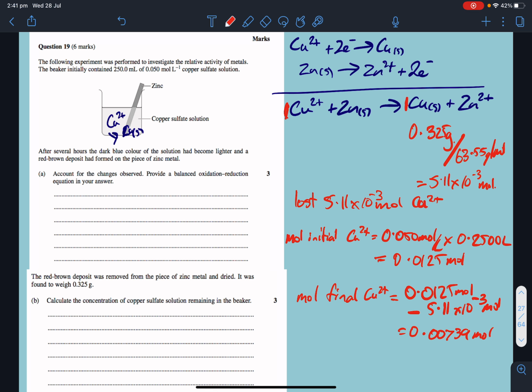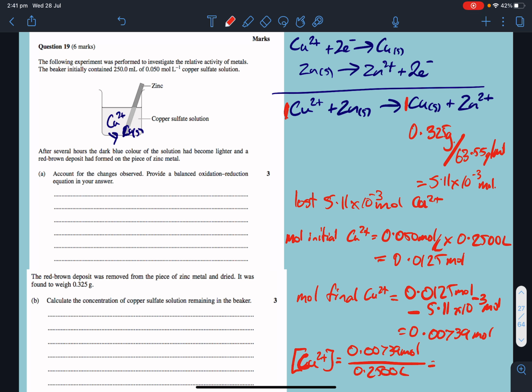It's asking us for our final concentration. I'm assuming our volume of liquid hasn't changed, so it's still 250 mL. So our final concentration of Cu2 plus equals our number of moles, 0.00739 mole, divided by our volume, 0.2500 litres.